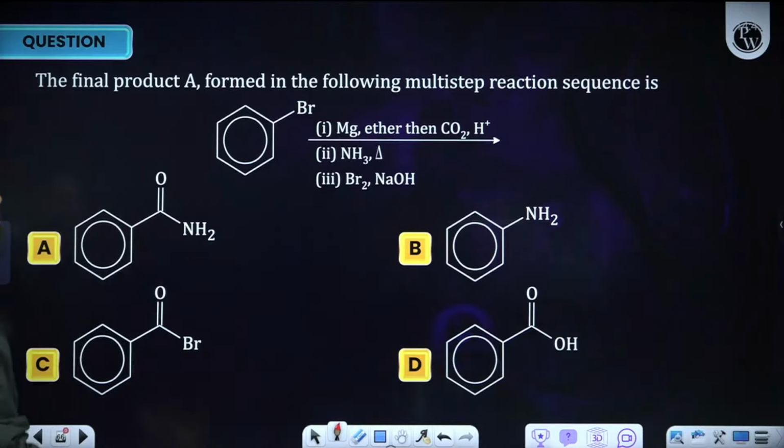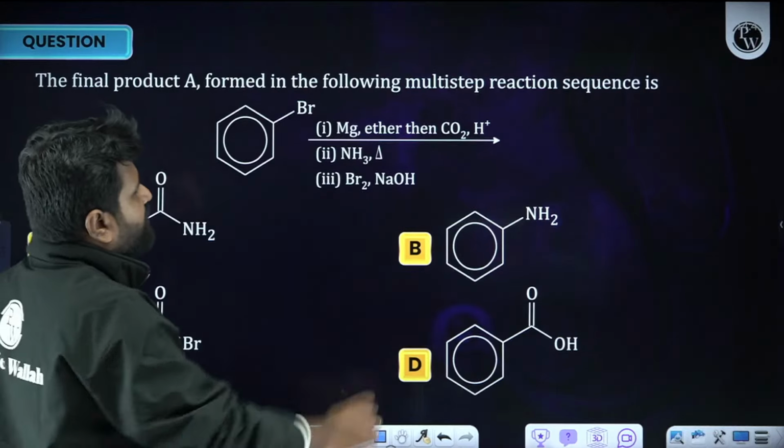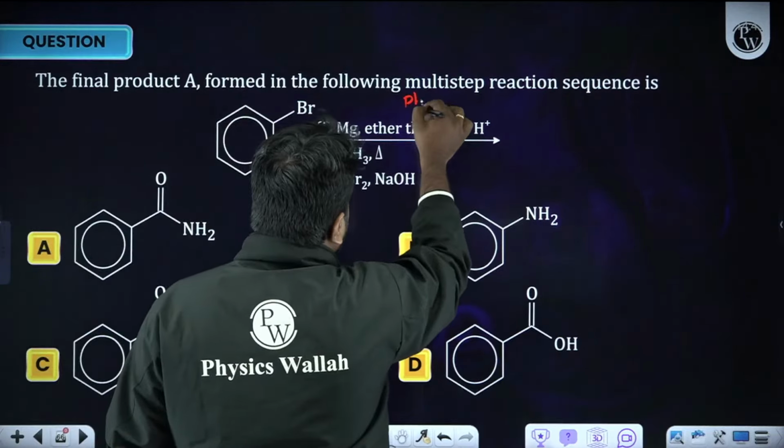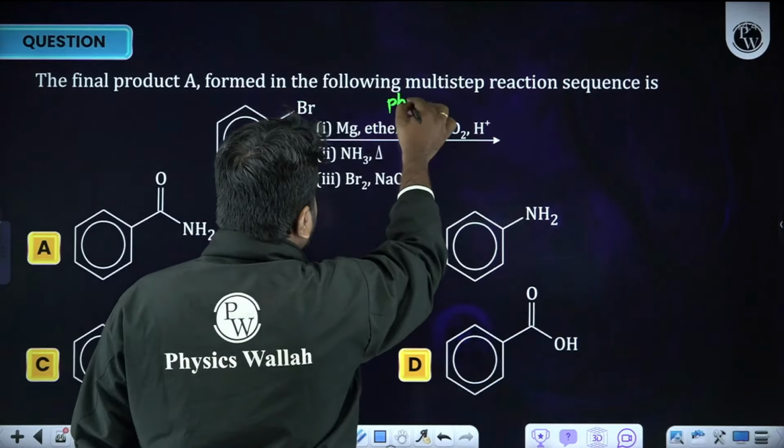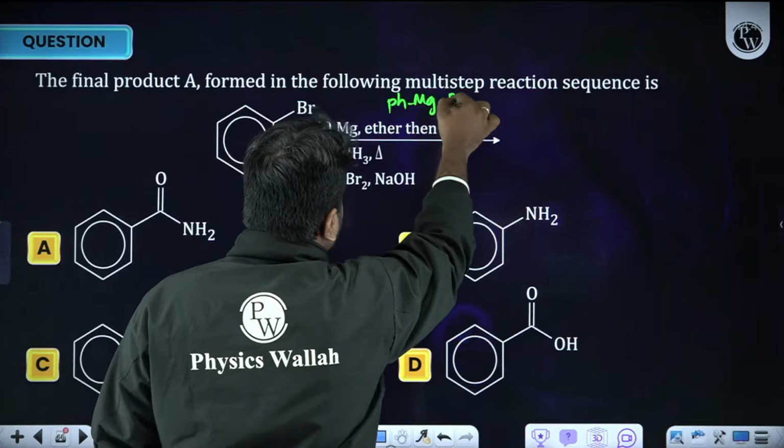What we will be getting? Once again, the question is from aryl halide as the reactant. First, if I treat with magnesium in ether, what will I be getting? I will be getting phenyl magnesium bromide.